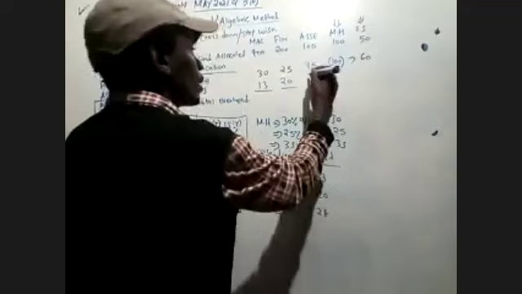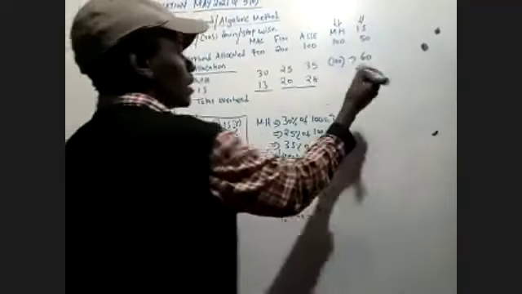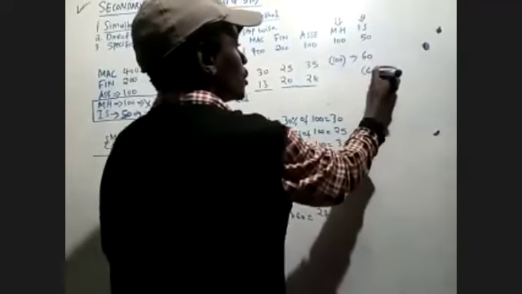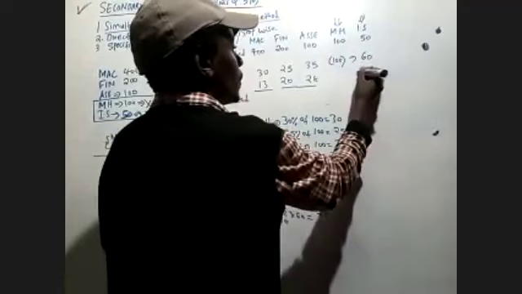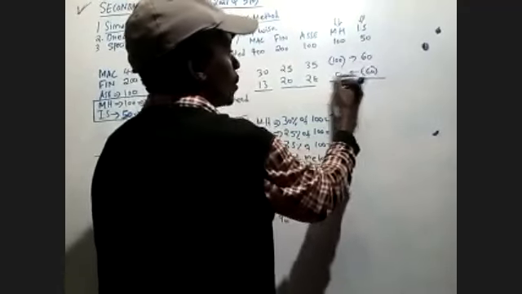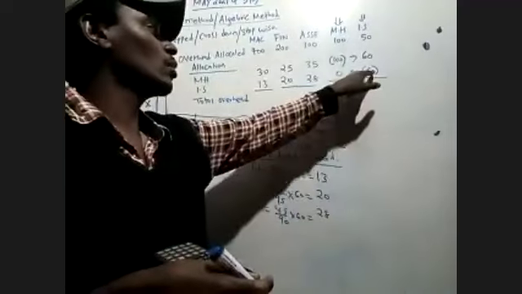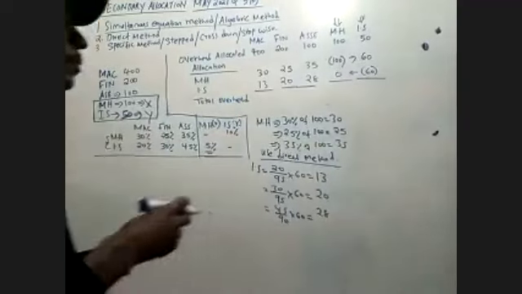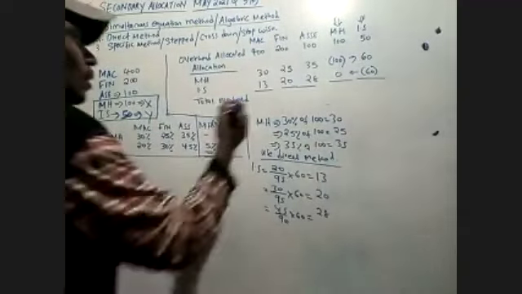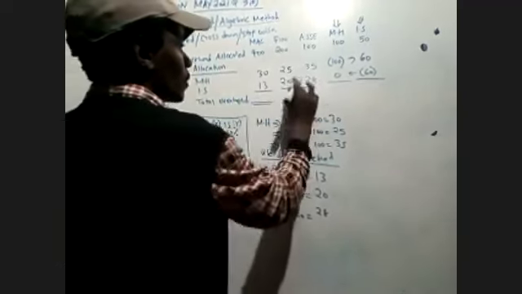Unaweka hapo 28. And then hapo nasema tumeallocate. So ni 0. Balance ni 0. So imeisha. So there's nothing tunaleta huku kwa sababu tumeweka now direct method. So yote 60. So we can add them together.